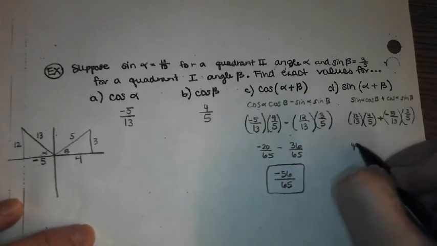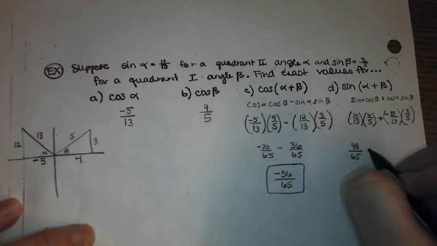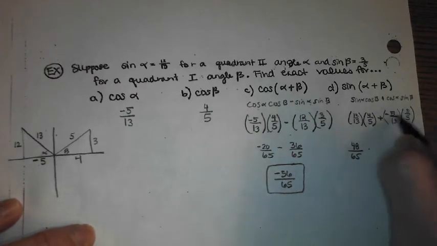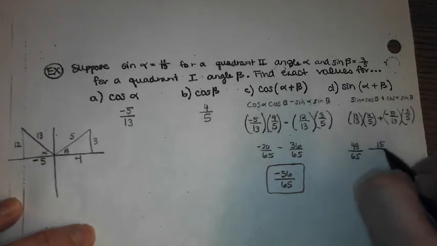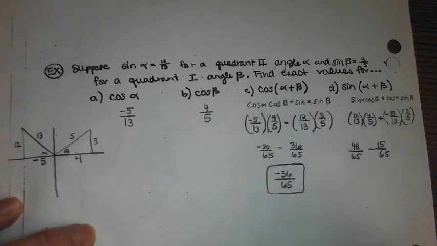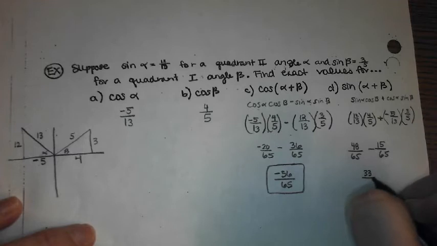So we get 48/65 plus negative 15, so minus 15/65. So 33/65.